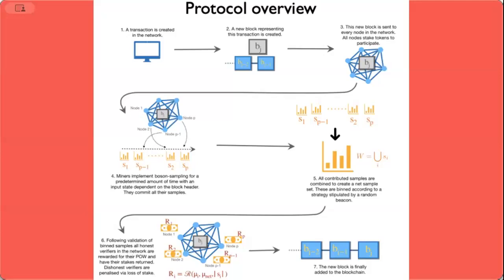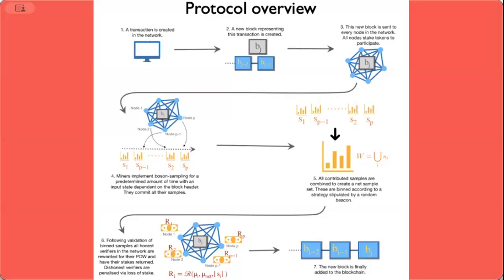And that makes this instance of the boson sampling problem innately linked to the previous block transaction in the same way that concatenating the header with a random bit string and hashing it links that instance of the inverse hashing problem to a particular transaction.